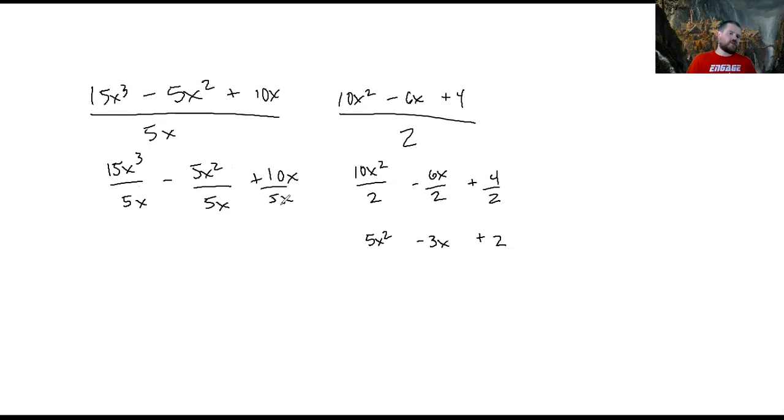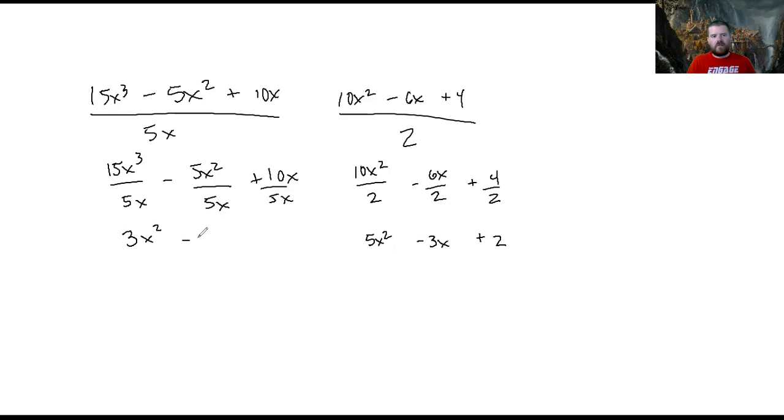So remember, with the coefficients, we're just simply dividing as normal with any other constant. With the rules of exponents, remember the rule is to keep the base, subtract the exponents. So we have 15 divided by 5. X cubed divided by x gives me x squared. For the second term, I have 5x squared over 5x.